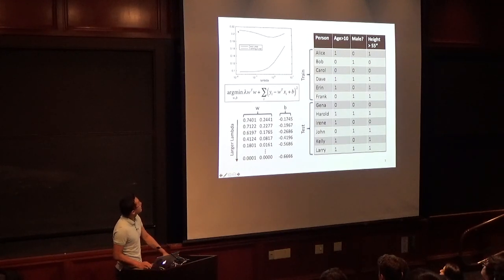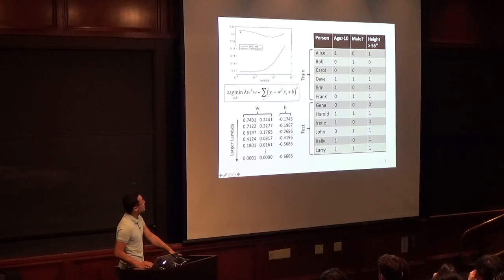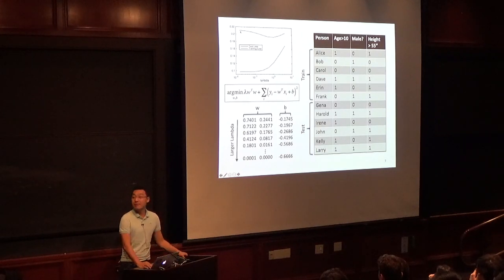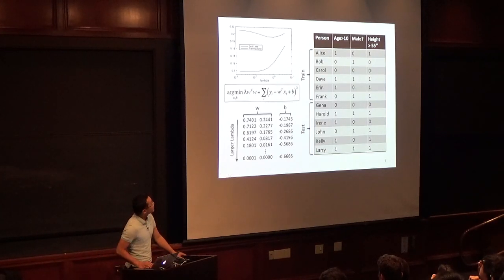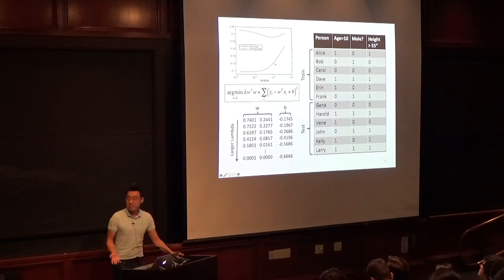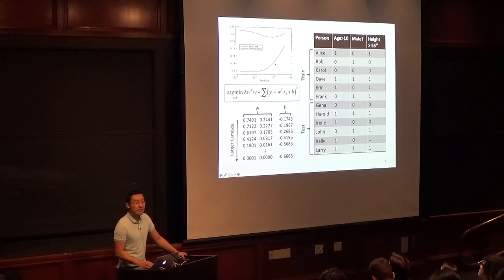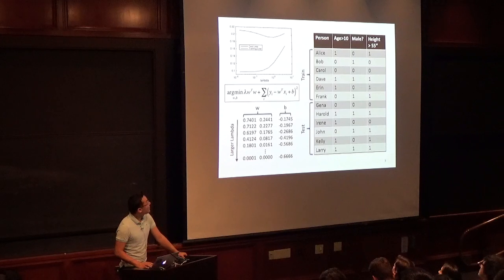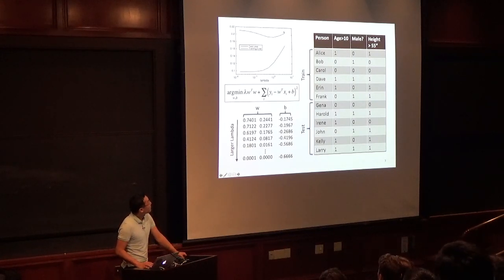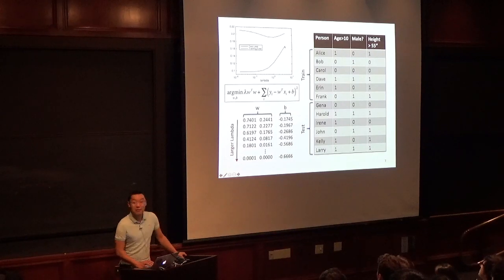Now we look at the test loss in this simple example. For lambda close to 0, the test loss is pretty high. So this suggests that we are overfitting to the training set. As lambda increases, even though the training loss increases, the test loss decreases. We're still overfitting, but not as much. And then as lambda increases a lot, the test loss goes back up, but the gap between test loss and training loss goes down.